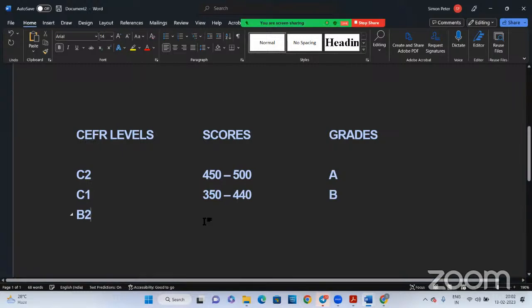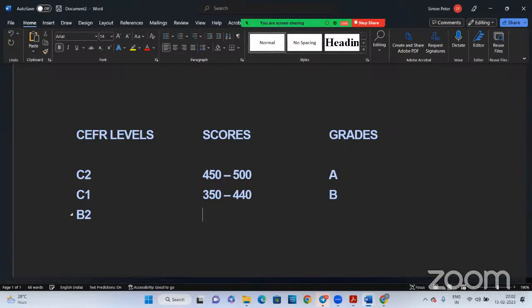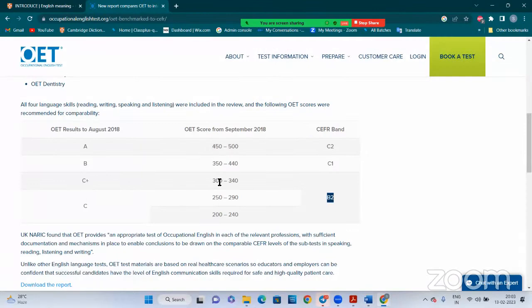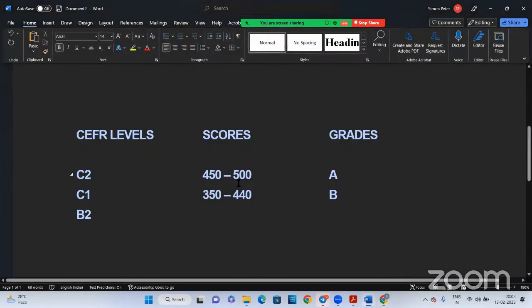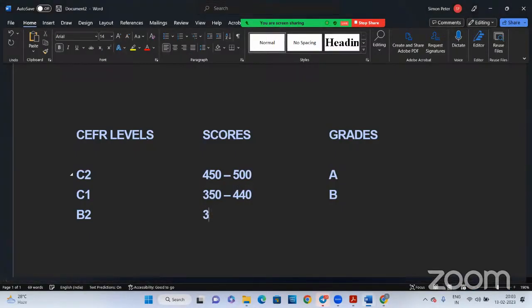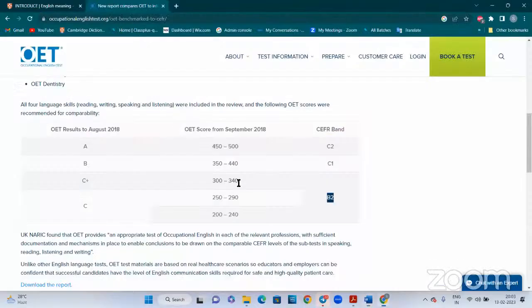And with B2, how many marks will you get? 300 to 340. You will get C plus. Then next, B2 level, you will get 250 to 290.